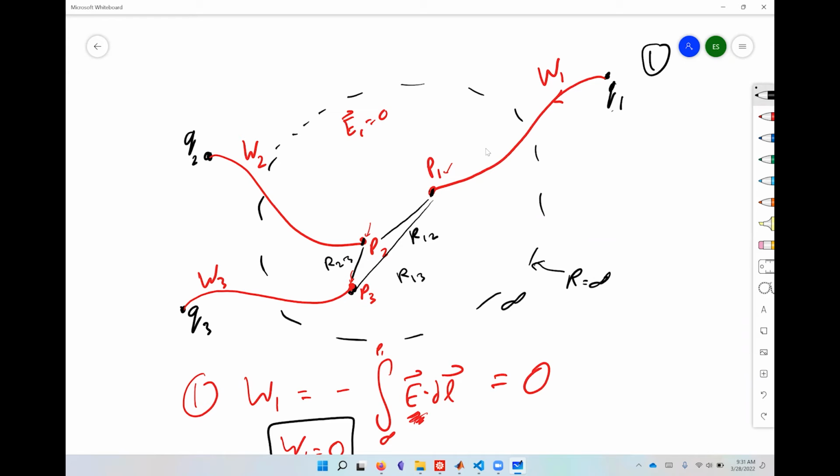It's like potential energy and gravity. Doesn't matter how you get to a certain height. You will always have the same energy at that height. So same thing here. It doesn't matter the order in which you bring in the charges. What matters is the final configuration.